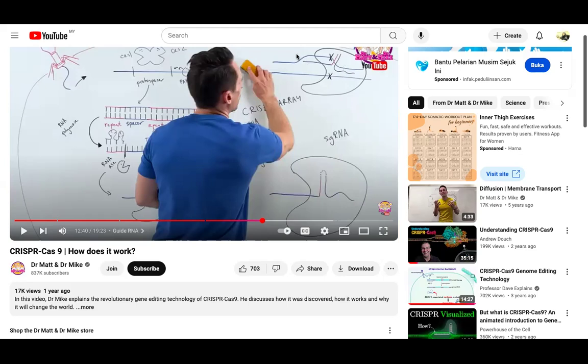Then when the virus reinfects the bacteria, this whole system will recognize the virus based on this spacer sequence.